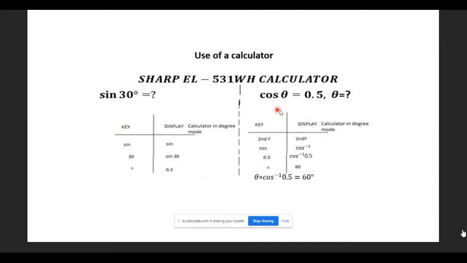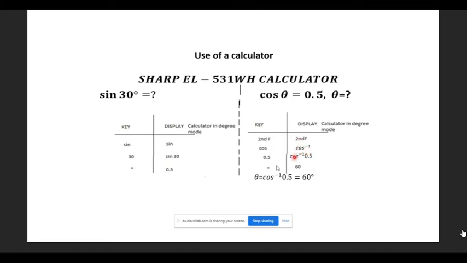And then some other times you may be expected to find the angle given the ratio. Like for instance, if you are given that cos of theta is equal to 0.5, remember that you are free to stop me if there's anything that you need clarification on. Depending on the type of calculator that you have, you may press a second function and cos, and this is what will be reflected.